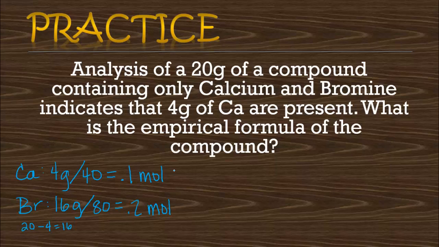Now I still divide through by the lowest number of moles, so divide by 0.1, and I'm going to get 1 and 2. So here's the ratio I'm going to use to build CaBr2. So again, just another way of using math to get the formula.